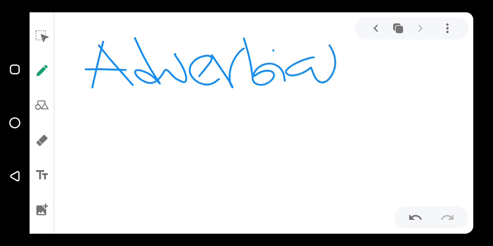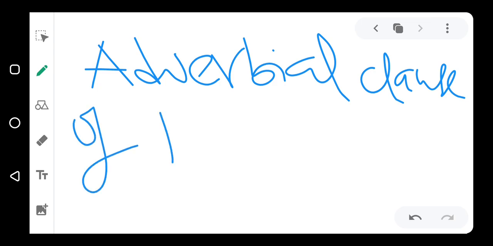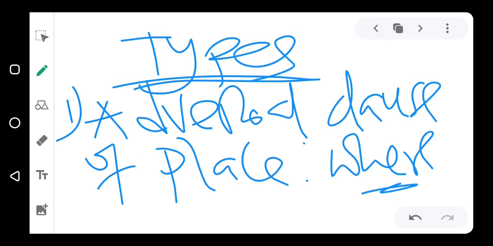We also have adverbial clause of time. This one answers the question when, just like adverbial clause of place answers the question where. Where does the verb perform its action?